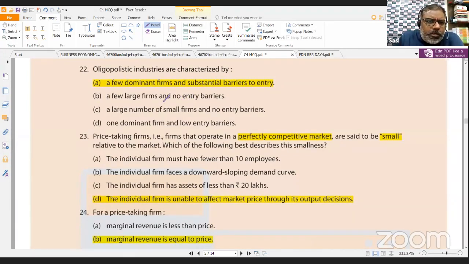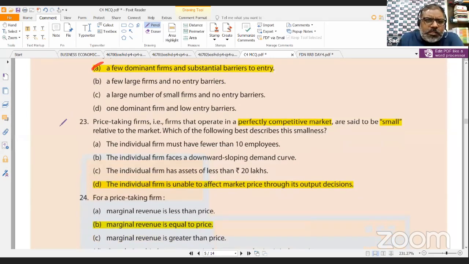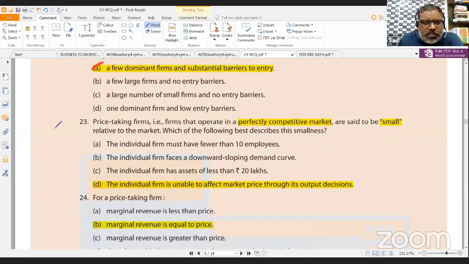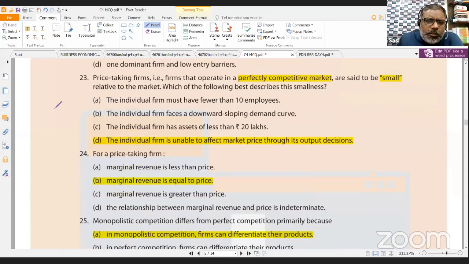Now moving on to question number 22, oligopolistic industries are characterized by, oligopoly itself means a few dominant firms and substantial barriers to entry. That is there. So oligopolistic industries are characterized by a few dominant firms. A is the correct answer for the 22nd question. Then the 23rd question is about price-taking firms.